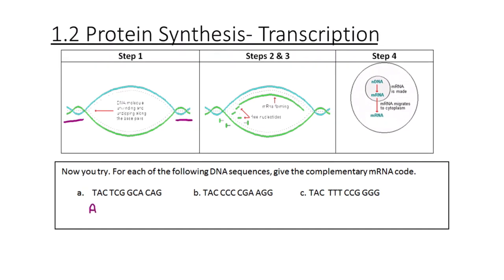T pairs with A, A pairs with U, C pairs with G, T pairs with A, C pairs with G, G pairs with C, and then G pairs with C, C pairs with G, A pairs with U, C pairs with G, A pairs with U, G pairs with C. So that is the complementary strands.